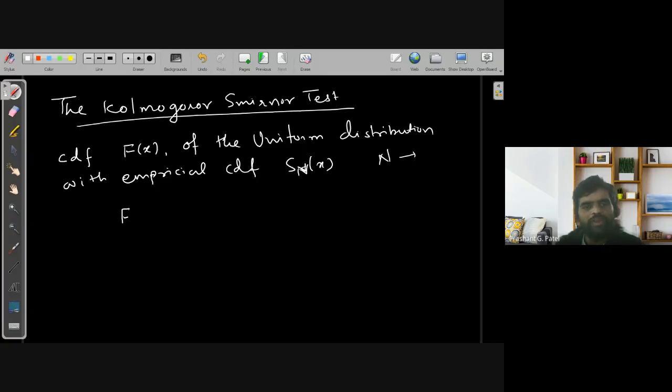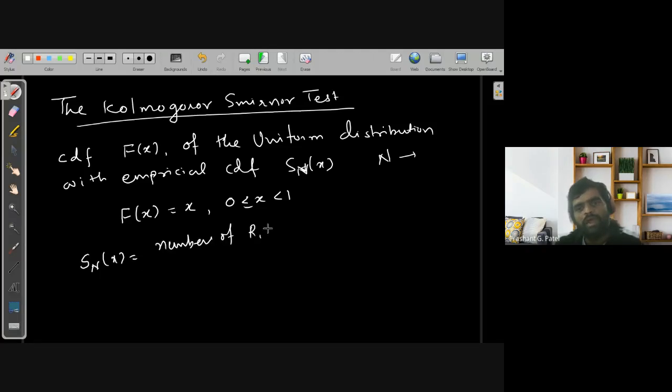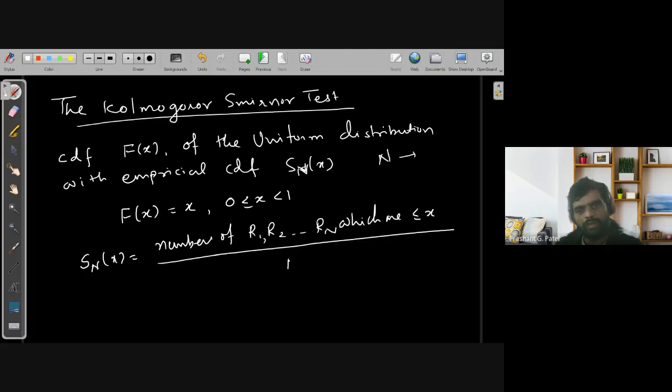By definition, F of x is x if x is between 0 and 1, and SN of x is the number of R1, R2 up to Rn which are less than or equal to x, divided by n.